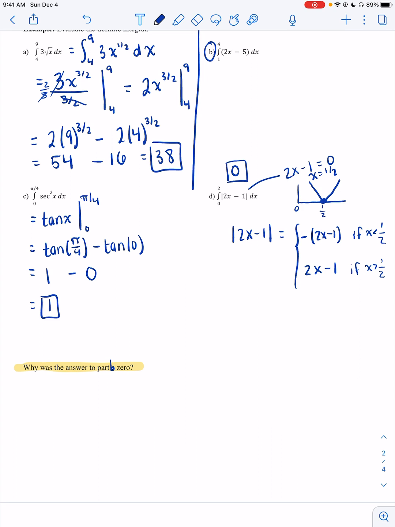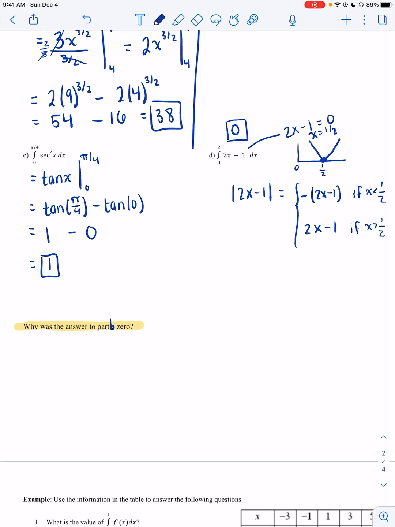If you do graph it, here, I'll do a little sketch. This isn't going to be perfect, but 1/2 is where it cuts my absolute value function in half. This half is going to be the line negative 2x minus 1, which you see is negative 2x plus 1.